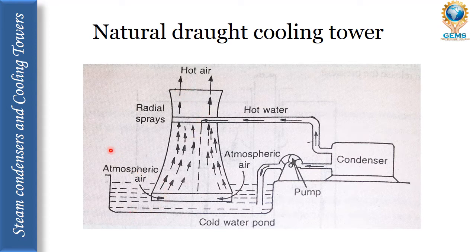According to this geometrical structure and the pressure difference between inside and outside, the atmospheric air naturally enters. When it enters, it absorbs the heat from the hot water, so the hot water gets cooled and comes down, and we send it back to the condenser.